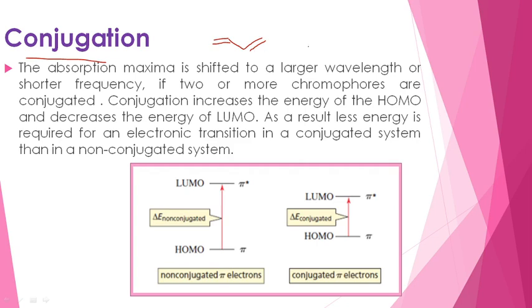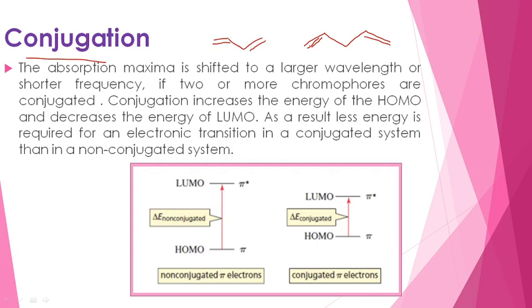Suppose I am writing like this: here you have one double bond and here you have another double bond. The two double bonds are not connected by a single bond. Here a double bond is connected by a single bond, which is connected by another single bond.